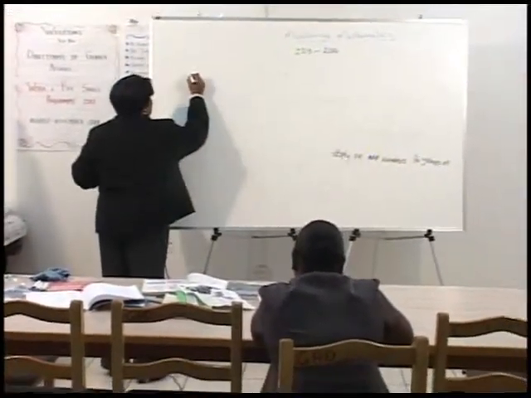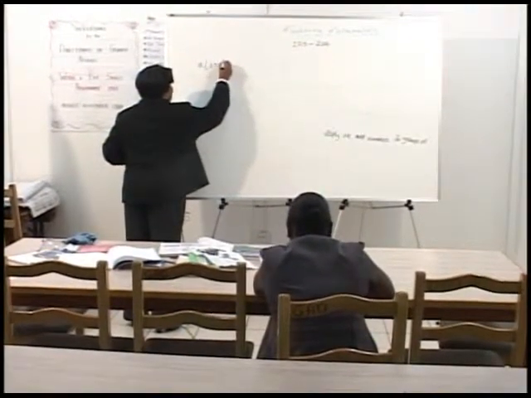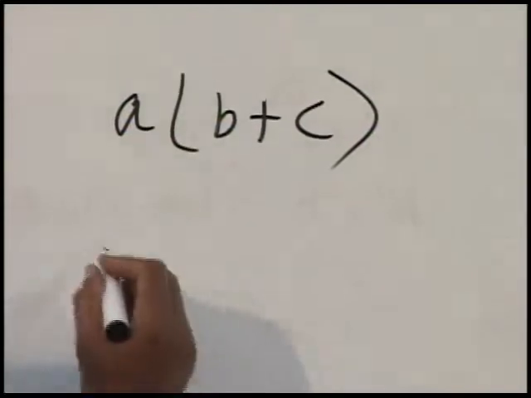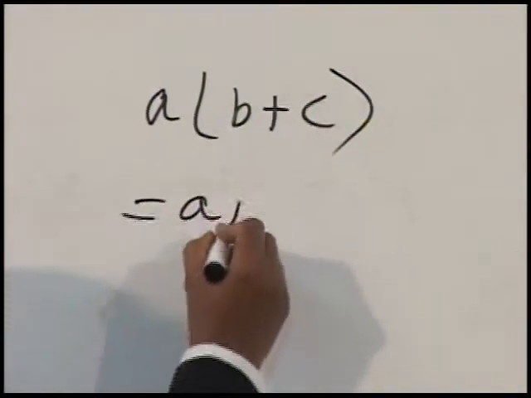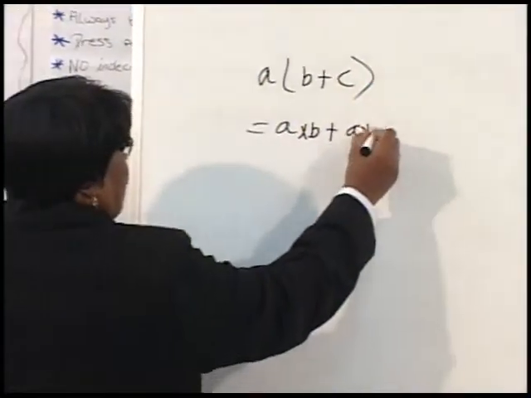It says that if we have a number A outside of a bracket, B plus C, then A will be distributed among B and C when we multiply them, so that it will be A times B plus A times C.